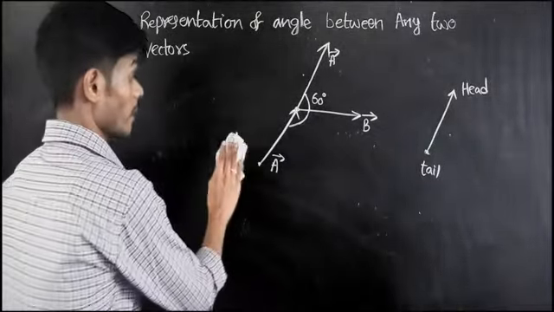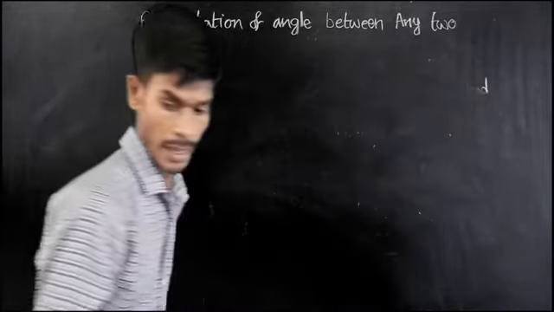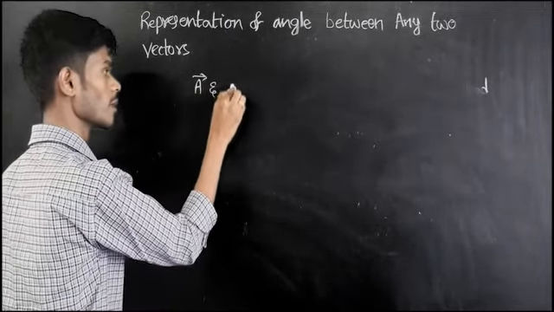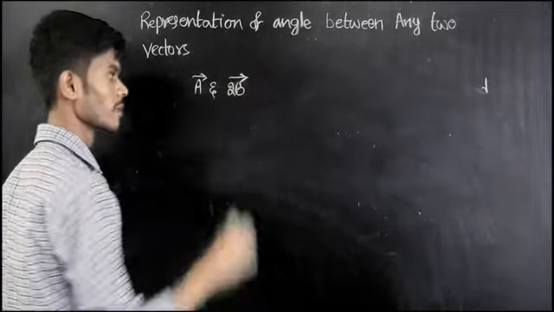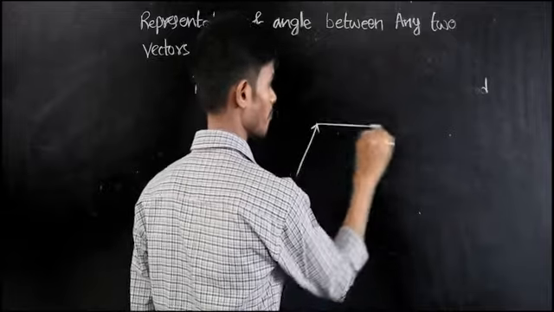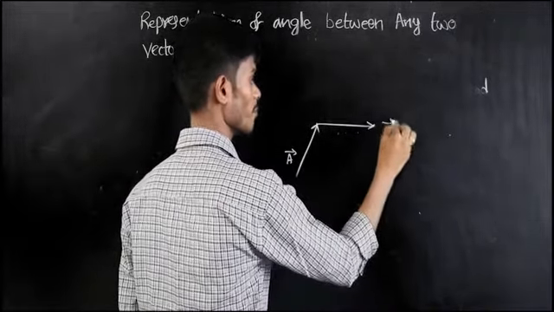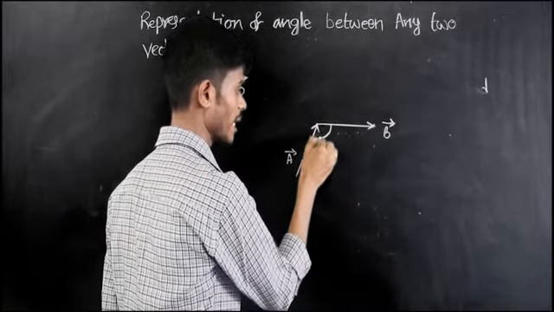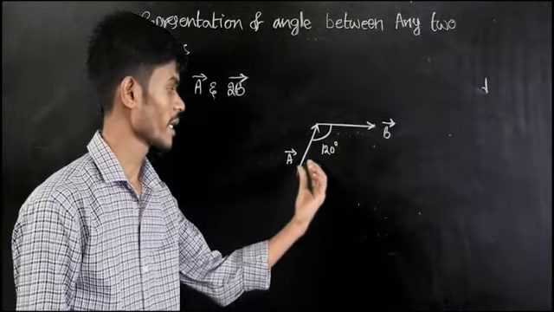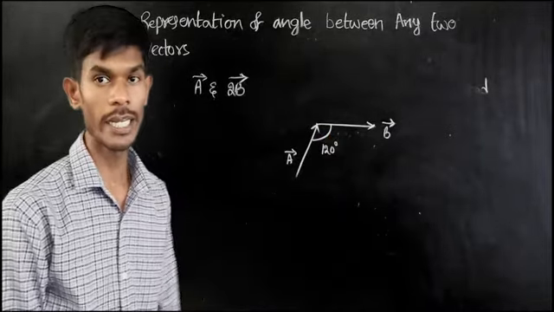Then if you want to measure the angle between a bar and 2b bar. There is a vector a bar and a vector b bar. This is a bar and this is b bar, and the angle they have given is 120 degrees.